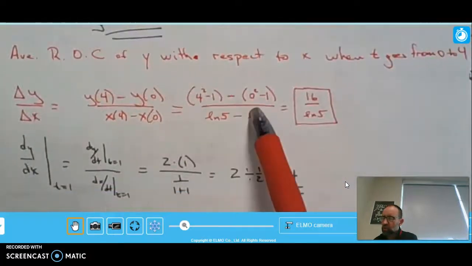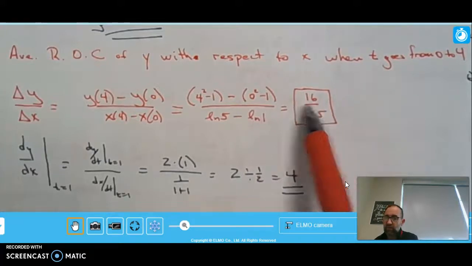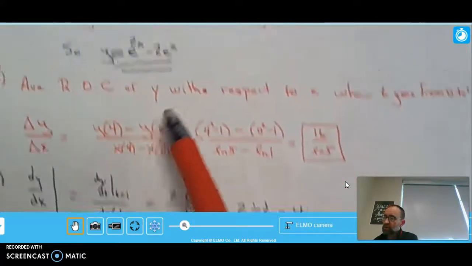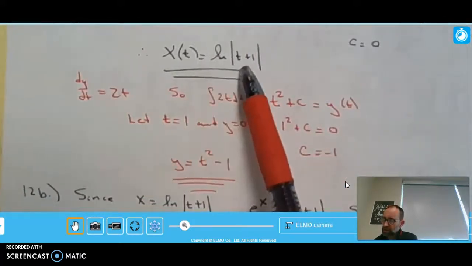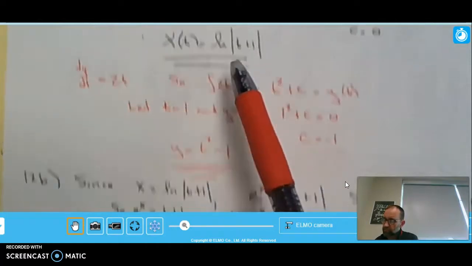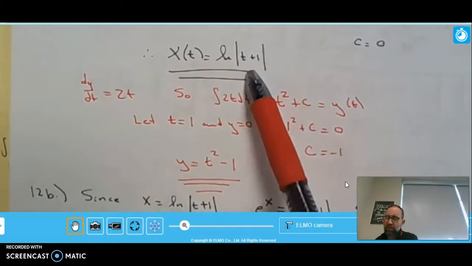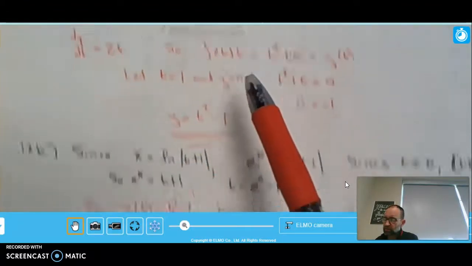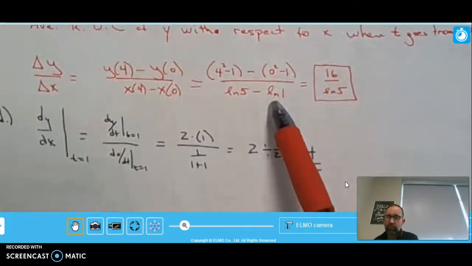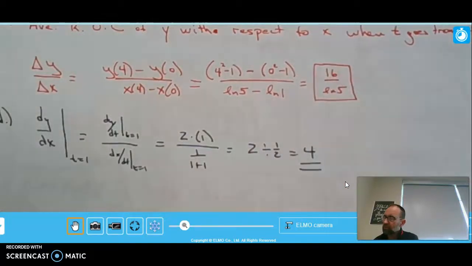So our change in y is 15 minus -1, or 16. Our change in x will be this equation evaluated at t equals 4, which is the natural log of 5, minus this equation evaluated at t equals 0, which is the natural log of 1. So 16 over the natural log of 5 is what we would have there.